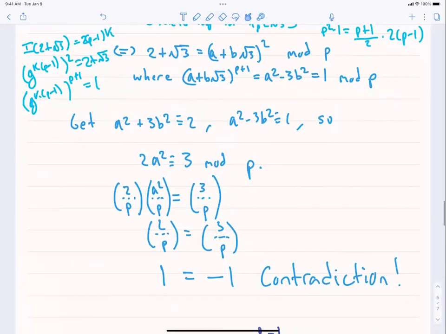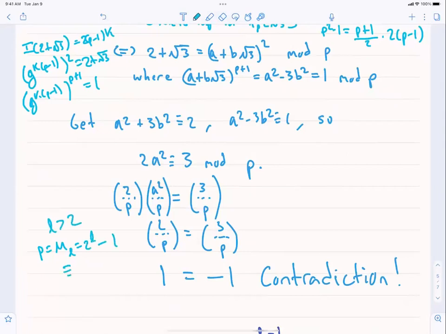Okay. So this has some solution. Now let me take Legendre symbols. So I get (2 over p) times (a squared over p) is equal to (3 over p). But (a squared over p) is 1 because a squared is a square. So I get (2 over p) is equal to (3 over p). But p equals M_l, which is 2 to the l minus 1, where l is greater than 2.